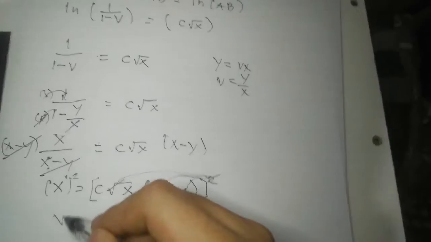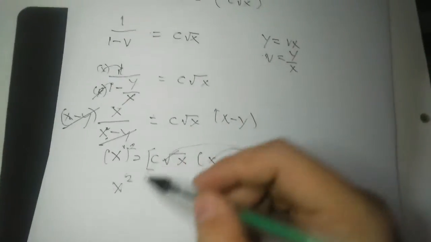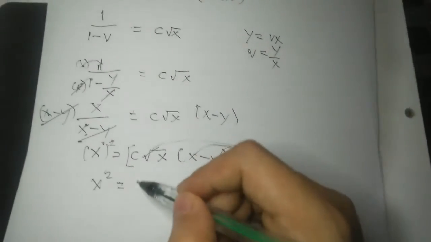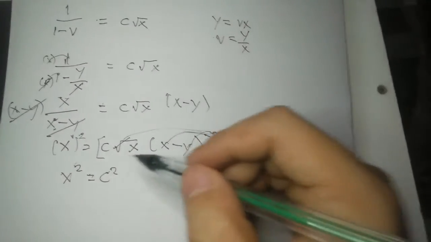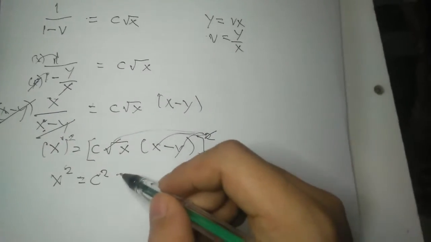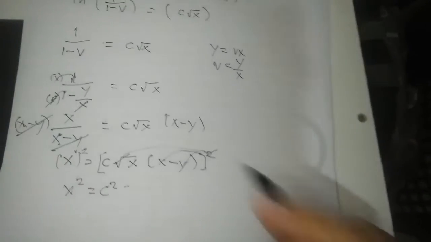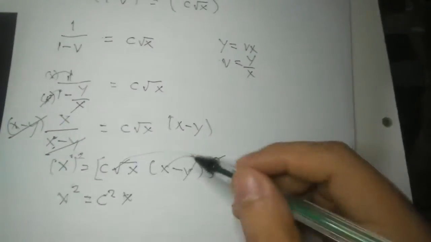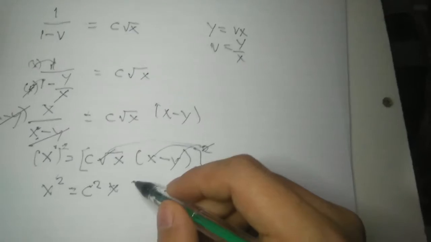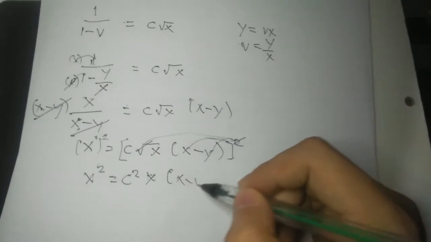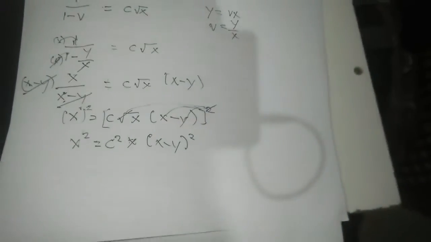So we are left with x squared minus c squared, c squared x, since we cancel the square root, then x minus y squared.